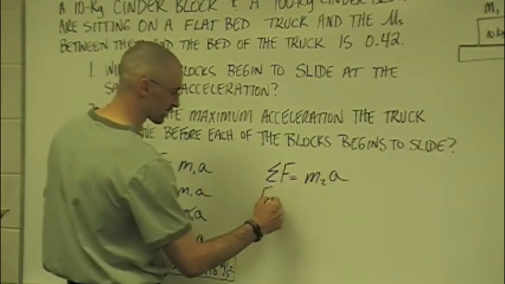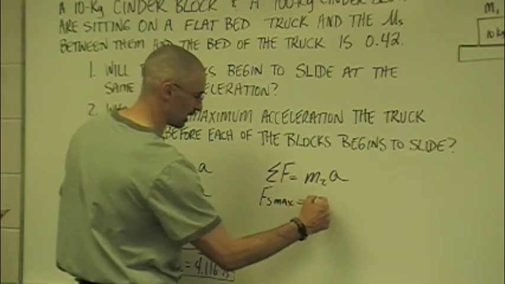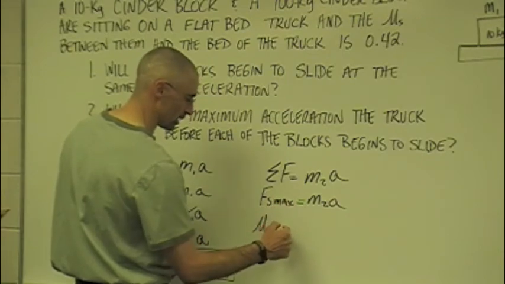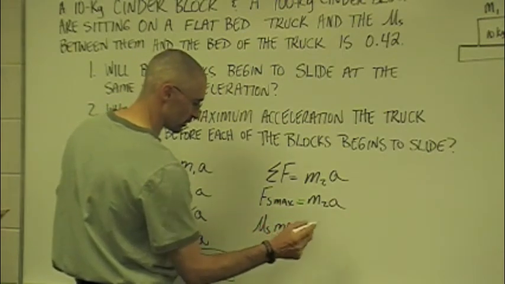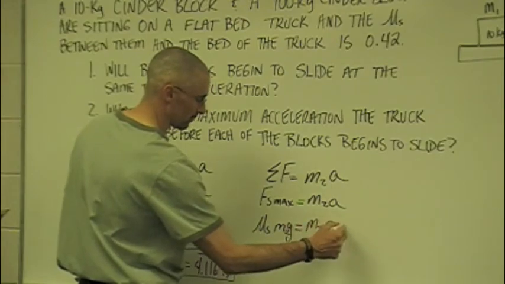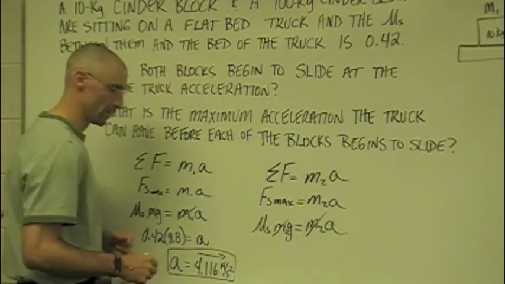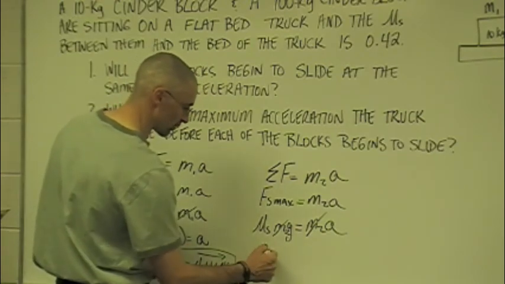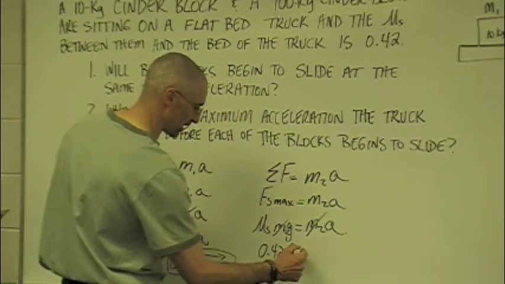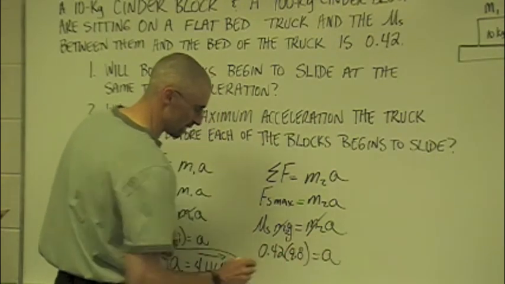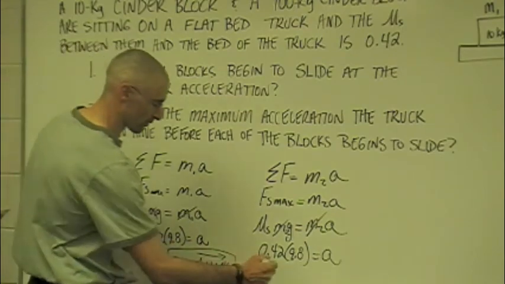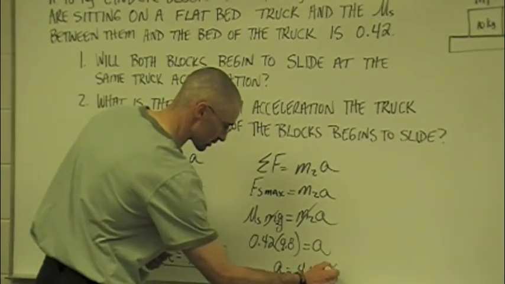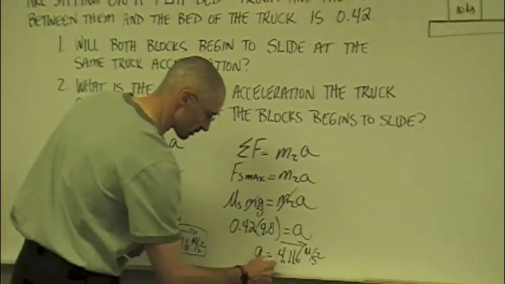We have Fs max equals m2a, and mu(s) times Fn, or mg, which in this case is m2g, so we have m2a. Once again, the masses cancel out, and we are left with 0.42 times 9.8 times a. And it's exactly the same as we have over here, so acceleration equals 4.116 meters per second squared in that direction.